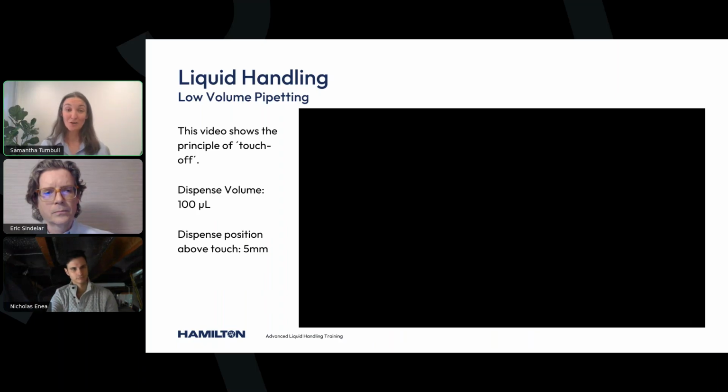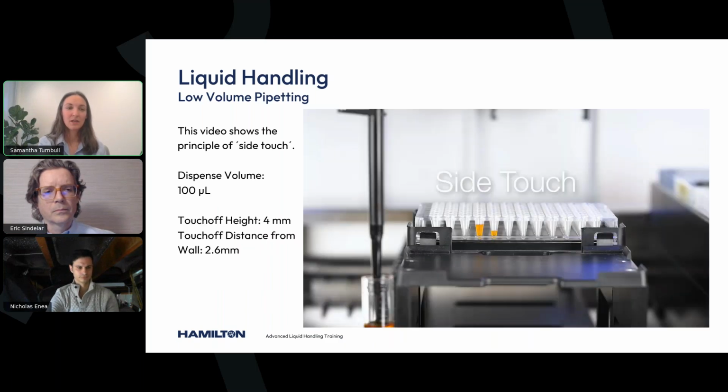Sometimes you have some low volume pipetting and can't touch the bottom of your well. You already have something contained in there, or for another reason, you can't use touch off. Another option to get that last bit of liquid out of the tip is a side touch. So in this case, we're showing an example in a PCR plate with tapered wells.